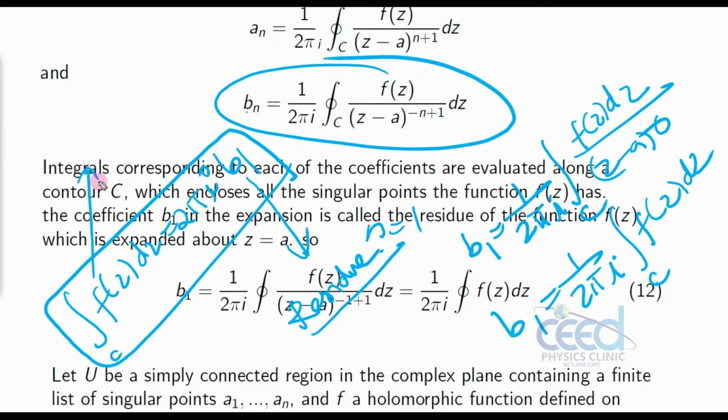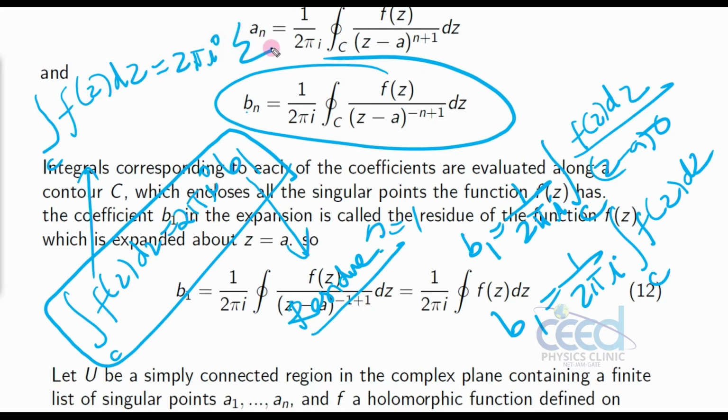Once you know the residue of the function b1, or suppose the function has a number of residues, I can replace this equation as closed integral f of z dz equal to 2 pi i into the sum of residues.